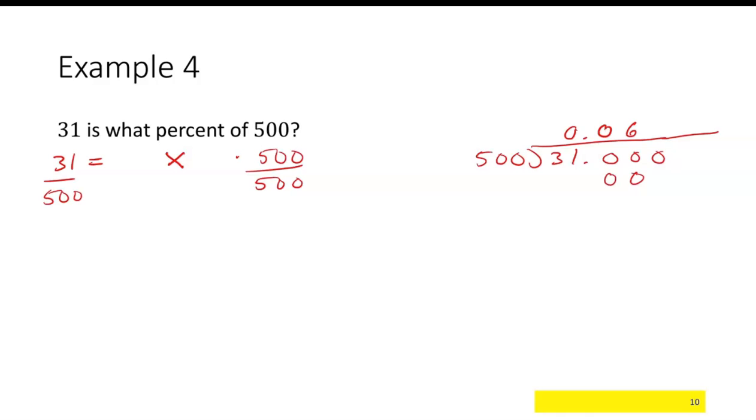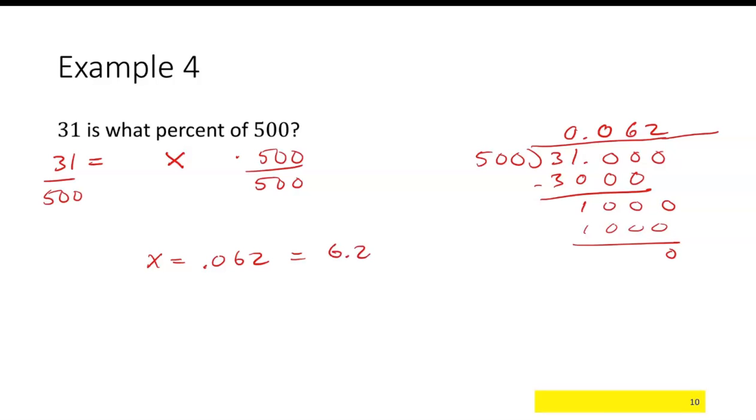That would be 3,000. Subtract, you get 100. 500 goes into 1,000 twice. So it looks like x here is 0.062. But since the question is asking what percent, let's change this to a percent and end up with 6.2%.